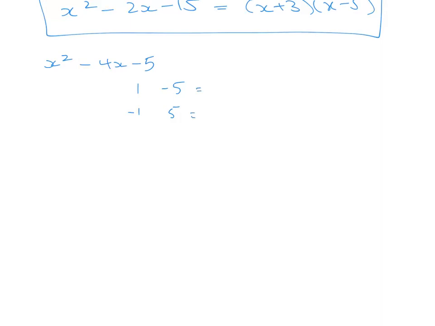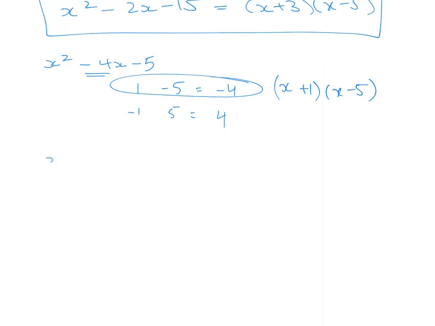Again, when I add these, the first one I end up with minus 4 and the second one I end up with 4. And I need minus 4. I'll stick with the first one. So I could write that as x plus 1 and x minus 5. So x squared minus 4x minus 5 can be rewritten as x plus 1, x minus 5.